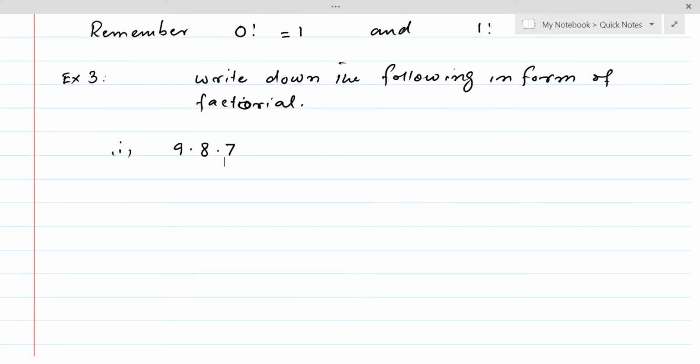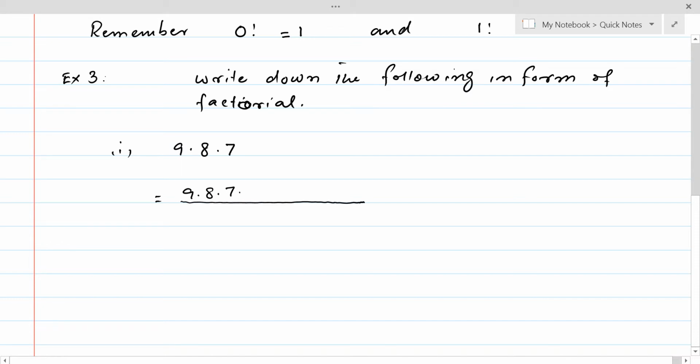If we want to write this number in the form of factorial, obviously what we can do is 9 times 8 times 7 is already there. Let's draw the line and then multiply this given number with 6 times 5 times 4 times 3 times 2 times 1, so that in the numerator we have the product of consecutive natural numbers all the way up to 9. But because we multiplied by 6 times 5 times 4 times 3 times 2 times 1, we have to divide by the same thing as well.